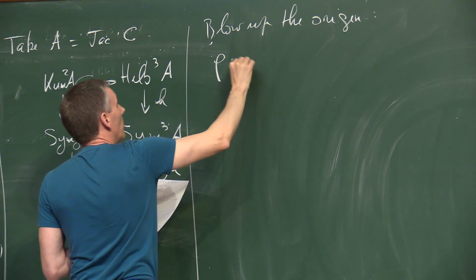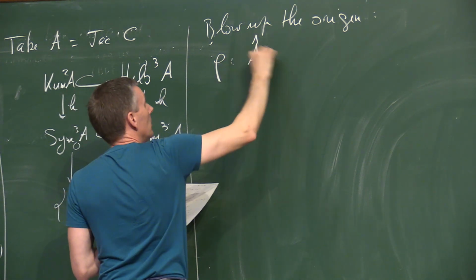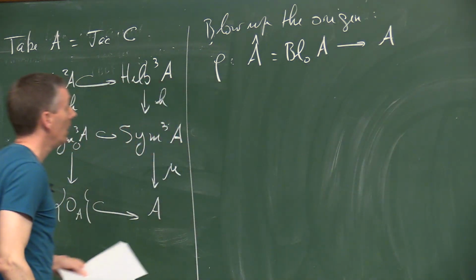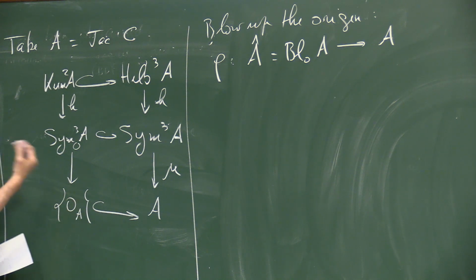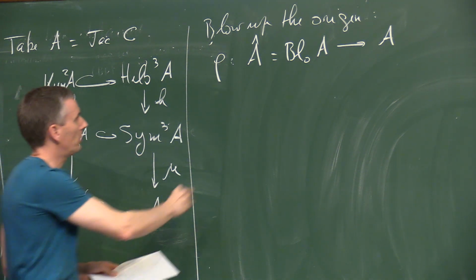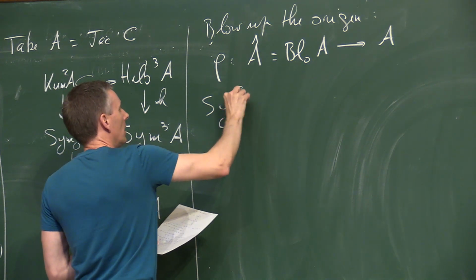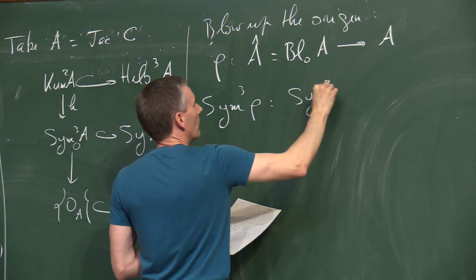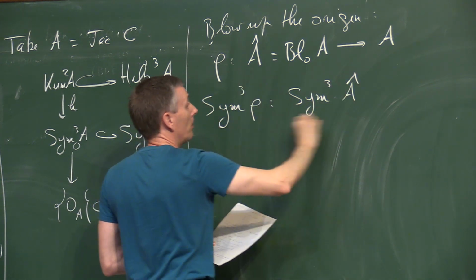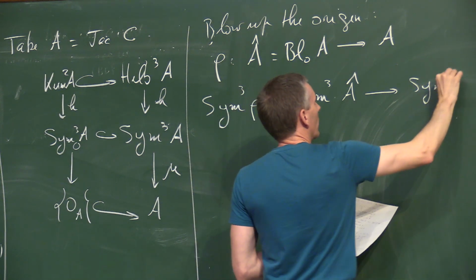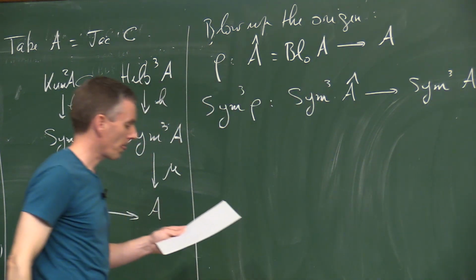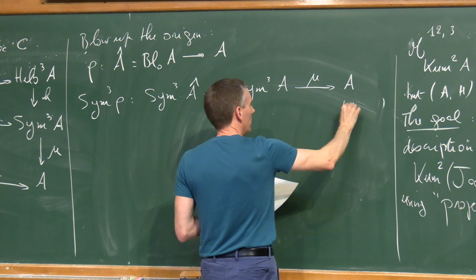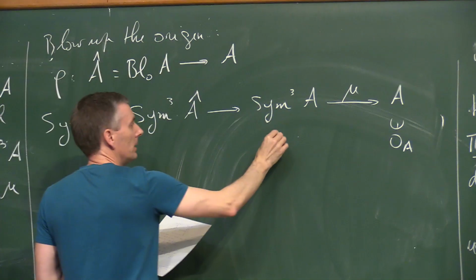So let me call rho and A hat the blow-up of the origin of A. And then, by functoriality of the construction of the symmetric product, I have a map that sends 3 points on this blow-up to 3 points on A. I still have the addition law here, and I can consider the fiber over 0 of this composition.